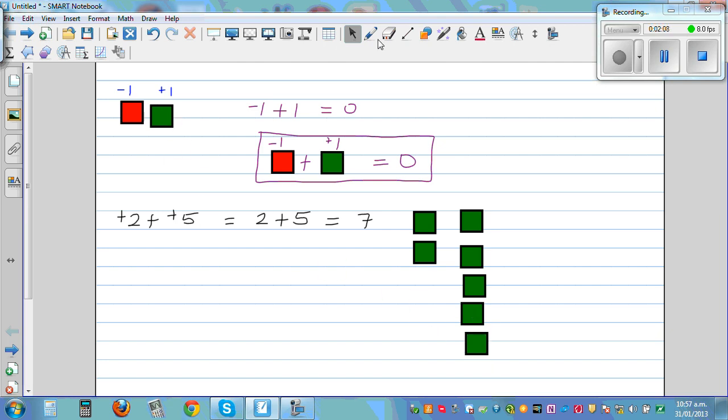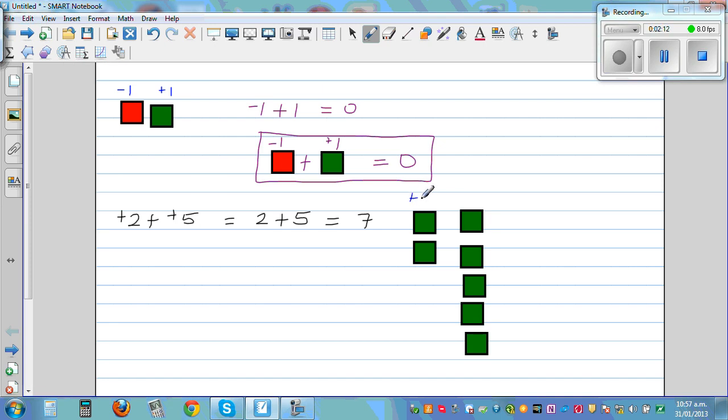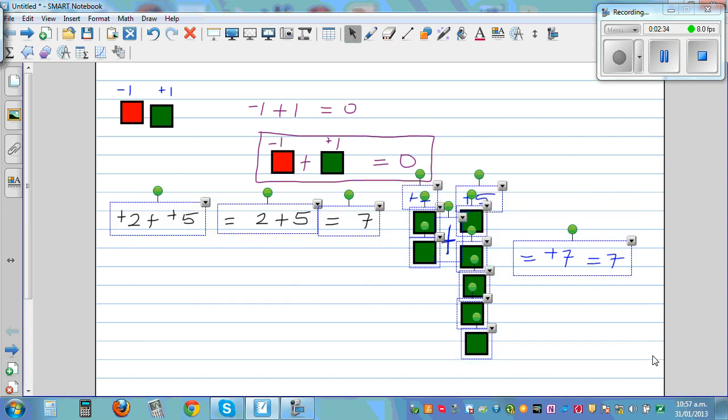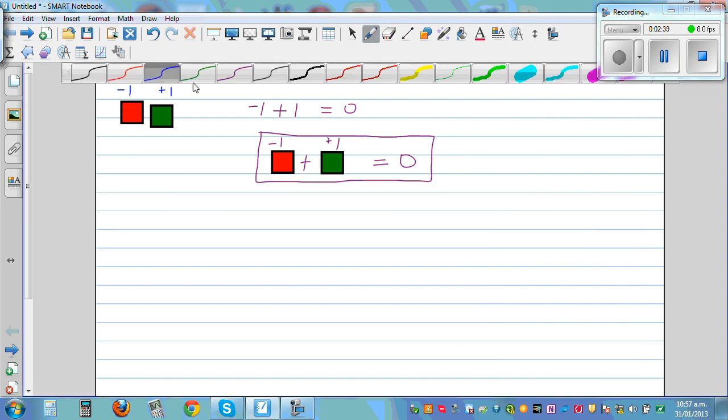This is +2, and this is a big plus sign, +2 plus 5. You got how many green tiles? So this is +7, or you write simply 7. Okay, so let me cancel this whole thing and delete. Now let me ask the next question.